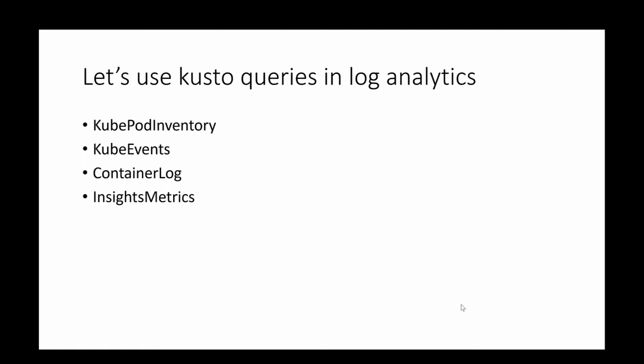There are a couple of tables which are really important, like KubePodInventory, KubeEvents, ContainerLog, InsightsMetrics, and there are several others, but we'll just execute a couple of queries on these particular tables just to get an idea how we can get more insights into log details and diagnosing issues. So let's go ahead and do that in Log Analytics or AKS logs.